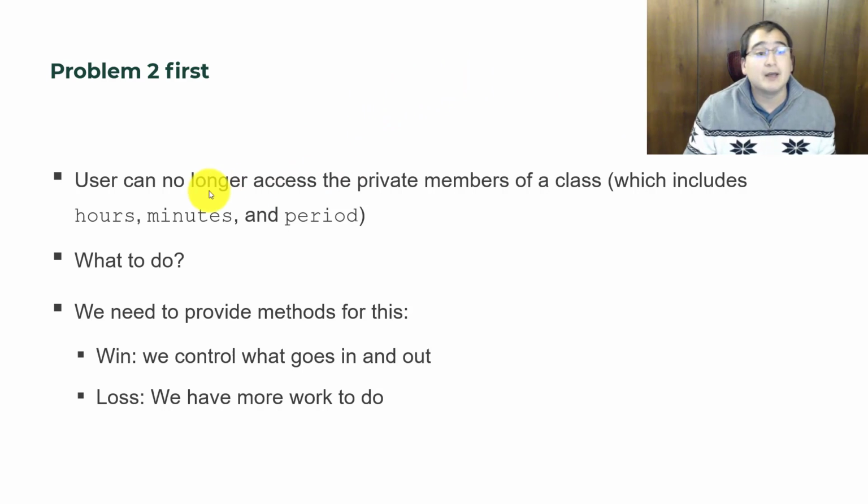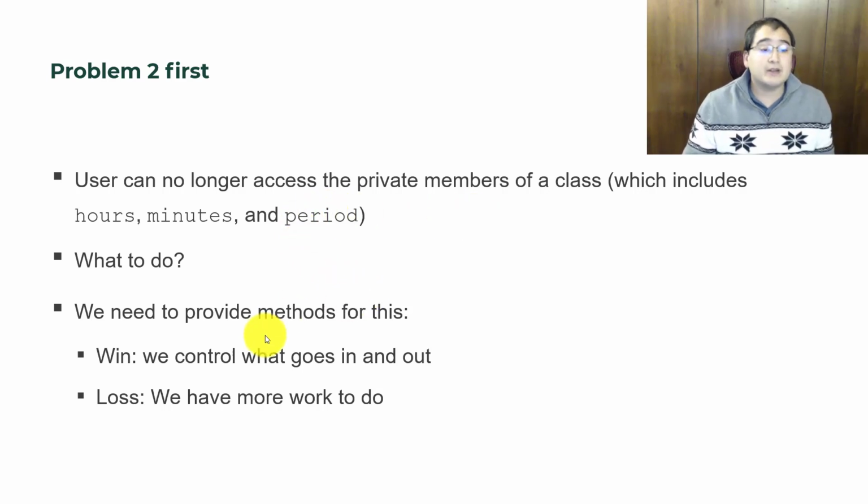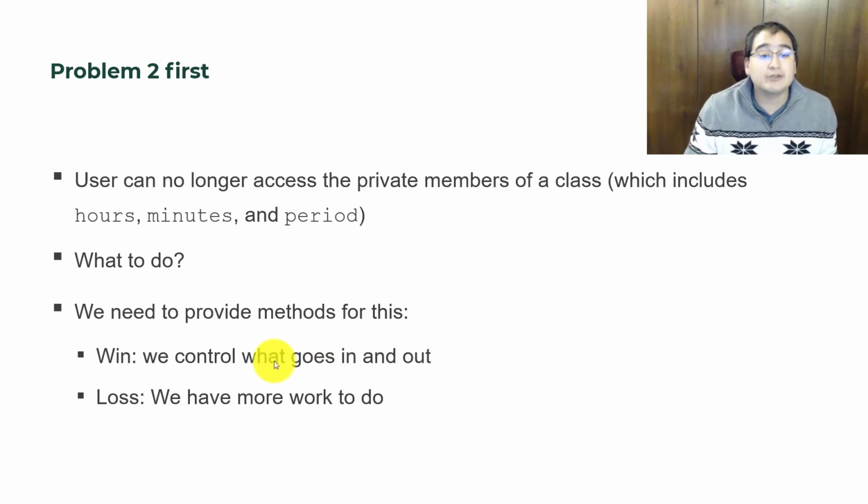What was problem 2? Now that the user can no longer access the private members like hours, minutes, and period, we have to figure out other ways to allow the user to access that information. So what we need to do is control how users are allowed to access this information, which is really nice.